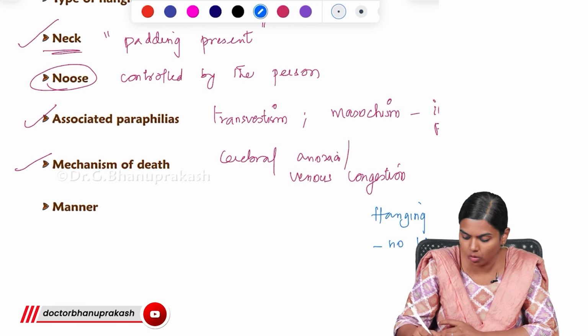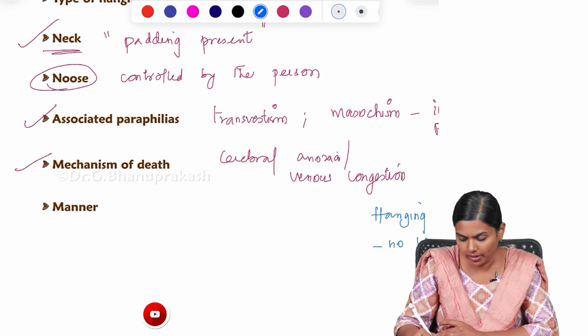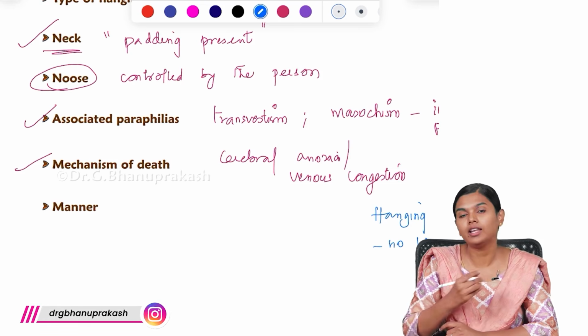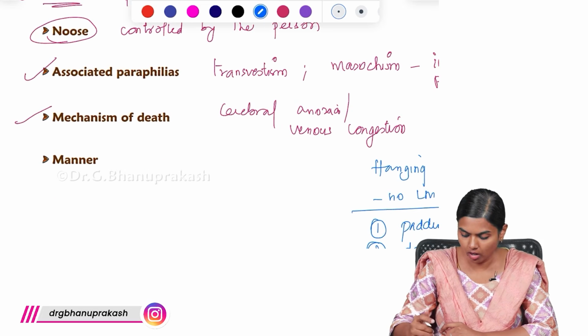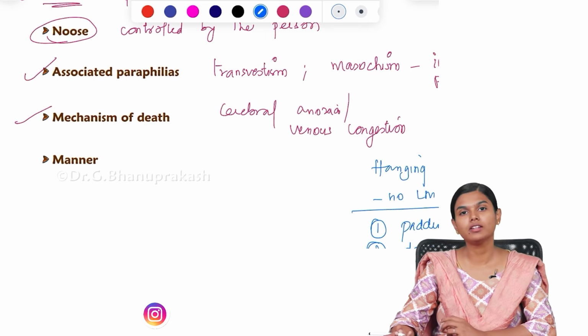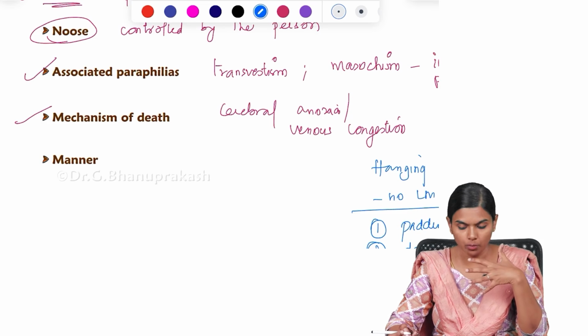So hanging with no ligature mark, it is seen if there is any padding present or if there is decomposition. So once the decomposition sets in, the ligature mark will be gone, or if there is any fat neck or very broad neck, you will not be able to see the ligature mark properly.